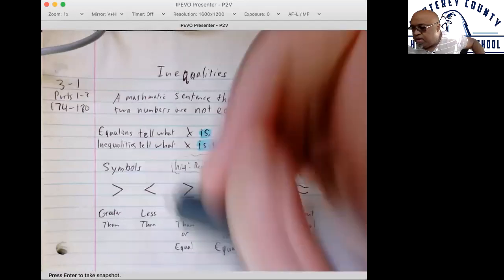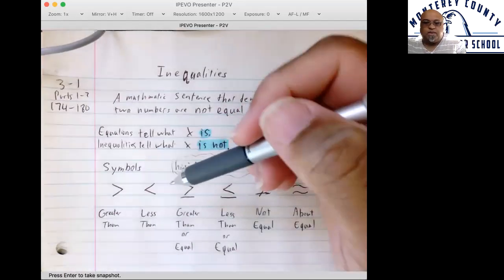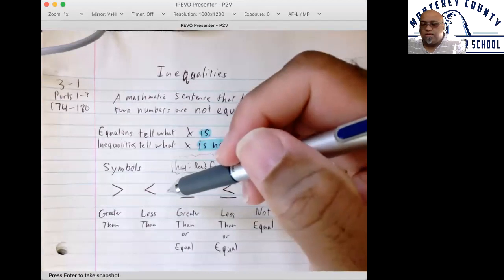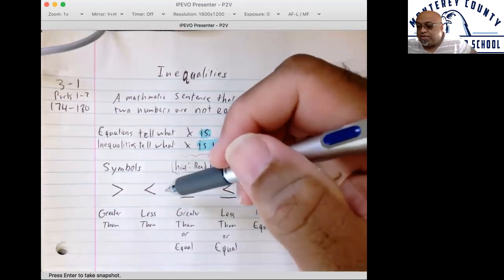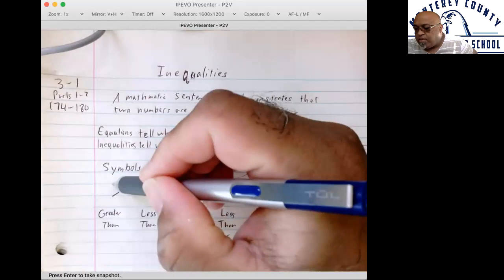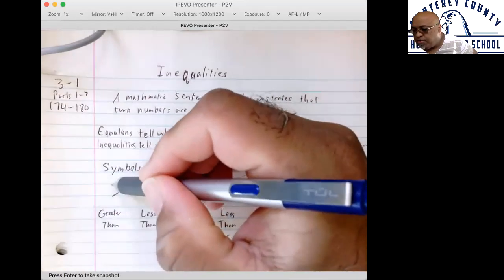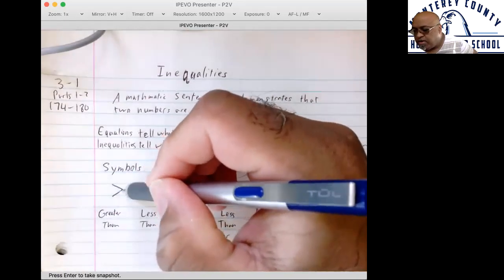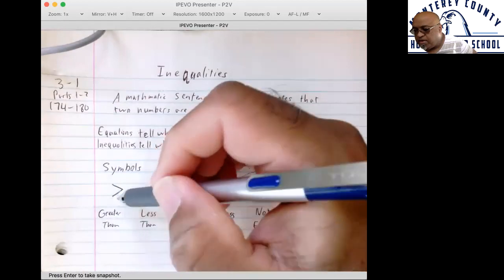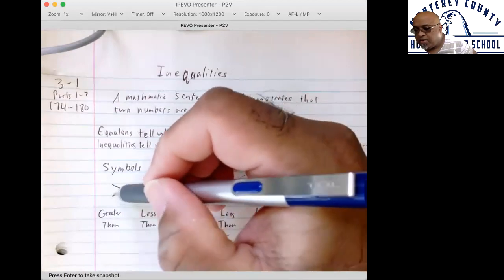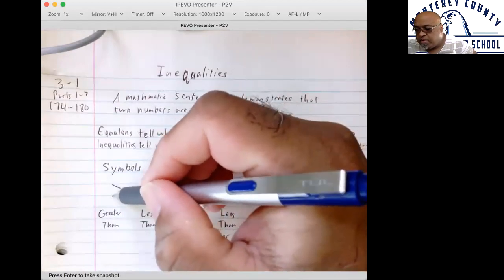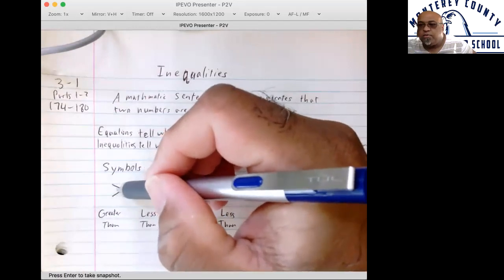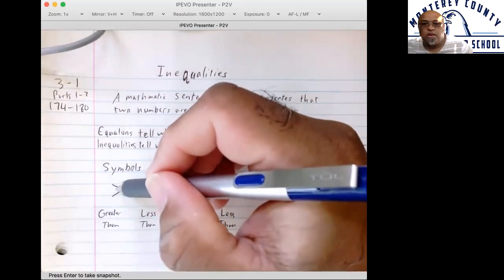Now, this was taught to me as a second grader, so this may sound a little silly, but just a way to remember, if you're not sure which one means greater, the one that is facing open, my second grade teacher taught me that this represents an alligator's mouth. If an alligator's hungry and it's going to eat something else, it's going to eat something that's big.